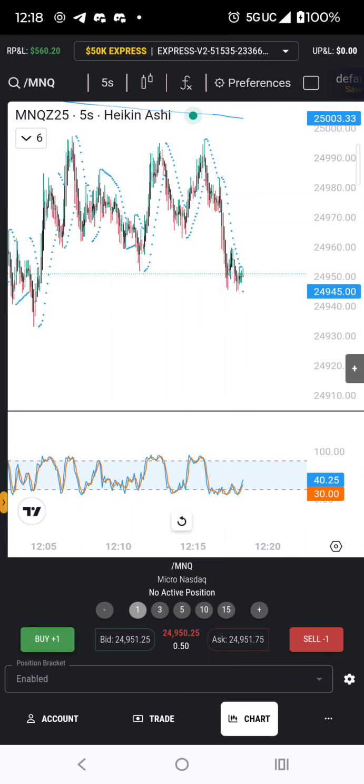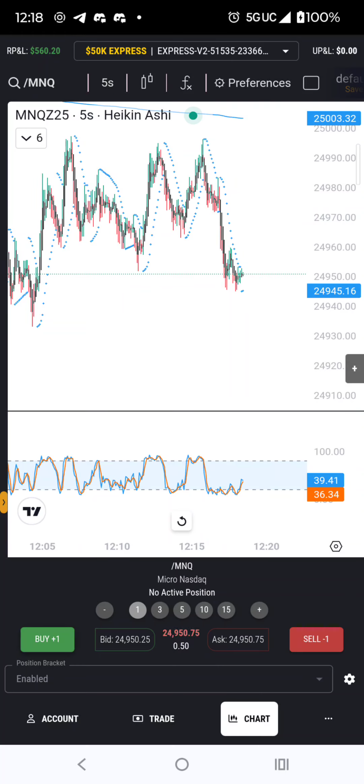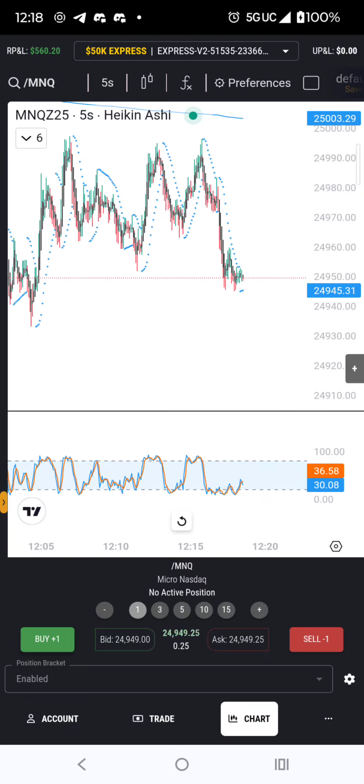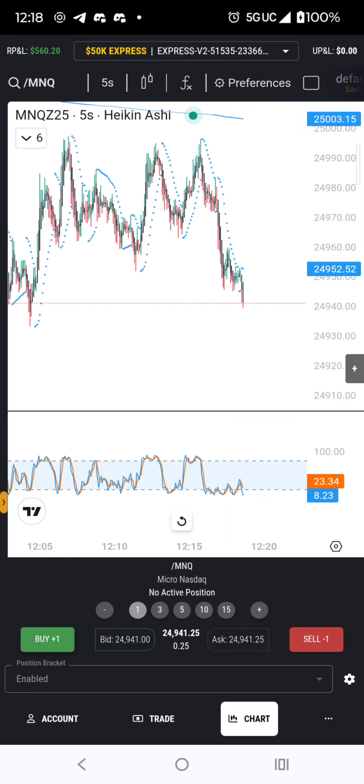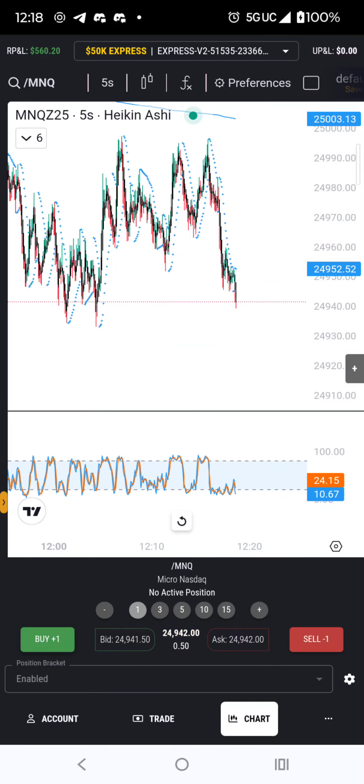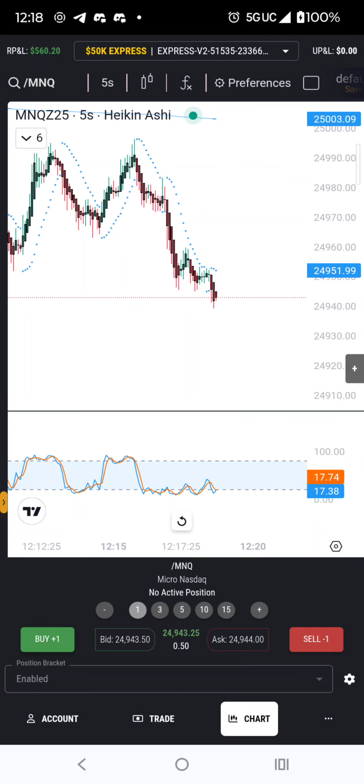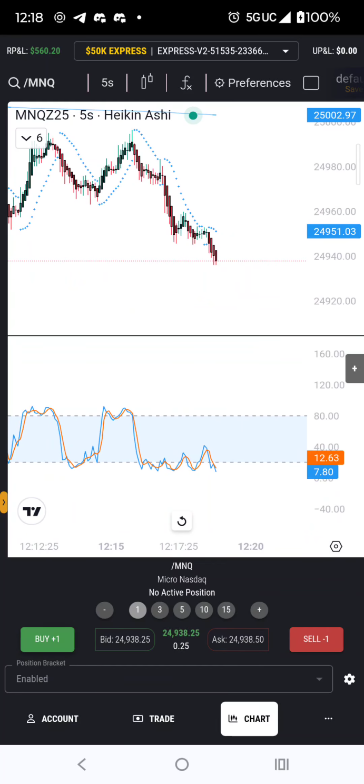Wait for another pullback. It said no. That was the pullback. Gone.